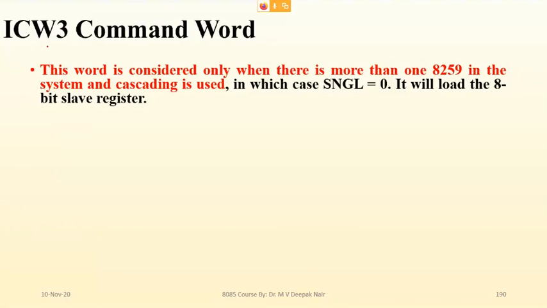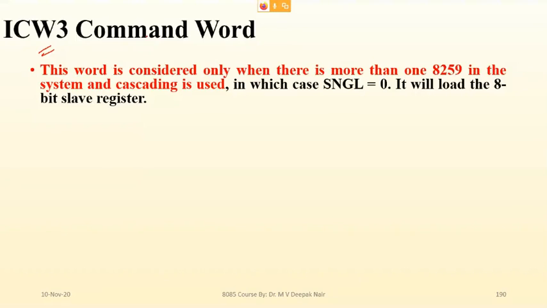Now we are going to talk about ICW3. Remember, first thing, ICW3 will be needed only when we are using cascading. So why is it optional? Because cascading is optional, not mandatory.